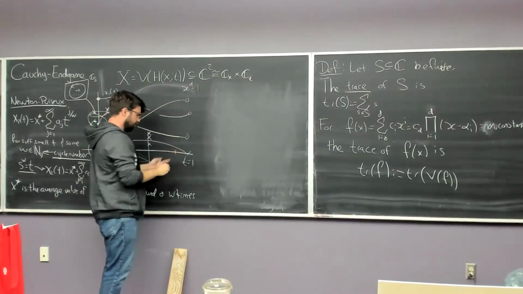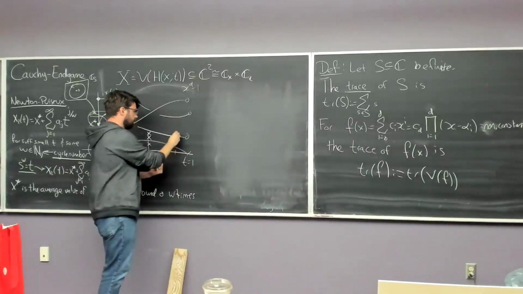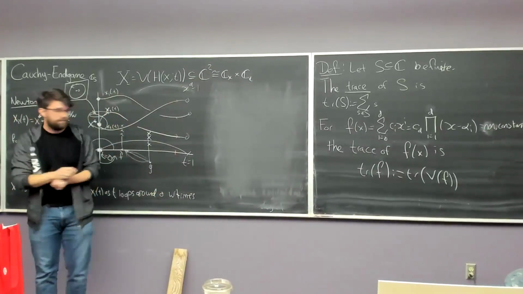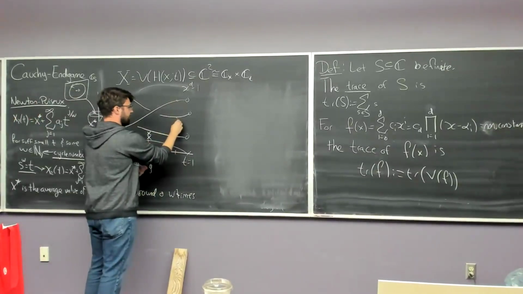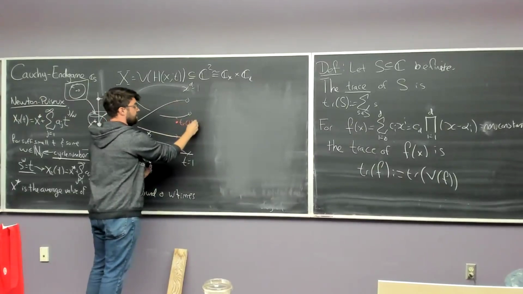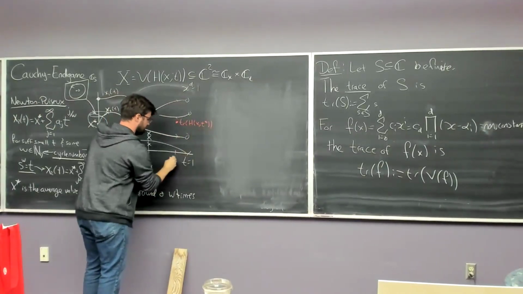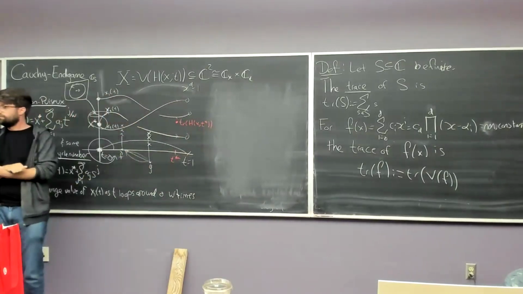If we stopped here at some t value, t star, we could look at our solutions and take the average at some point. This would be like the trace of h of x of t star.